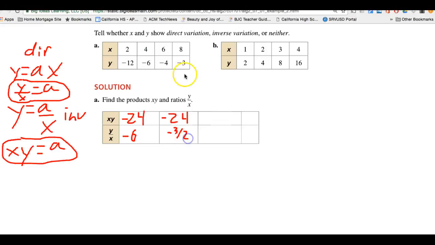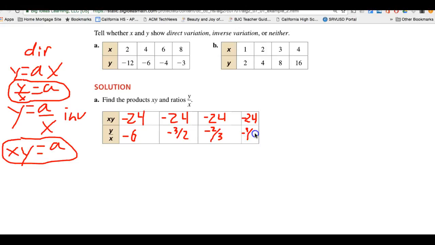The third one, 6, negative 4: the product is negative 24, and negative 4 over 6 gives us negative 2/3. Last one, 8 and negative 3: the product is negative 24, and the ratio is negative 3/8.